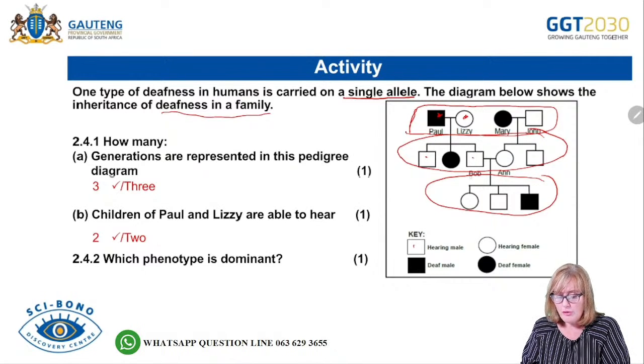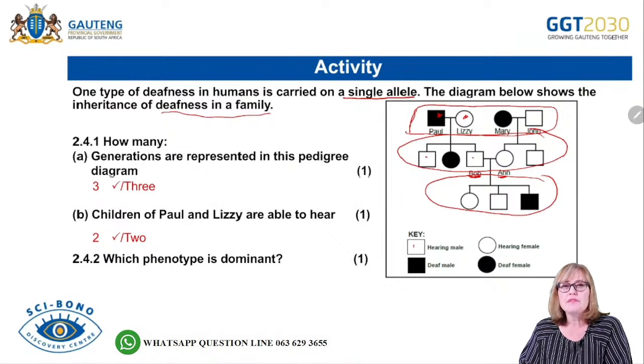But Bob and Anne, they have exactly the same phenotype. So if they have a child with a different phenotype, you know that that different phenotype must be the recessive one because they are not showing it in their phenotype, but they are masking it in their genotype.